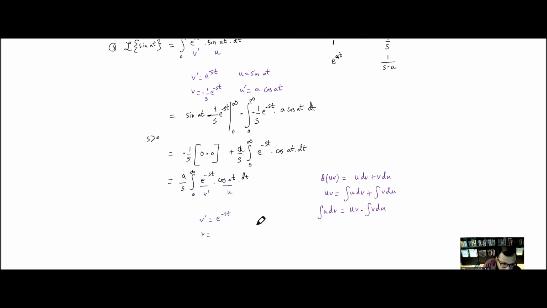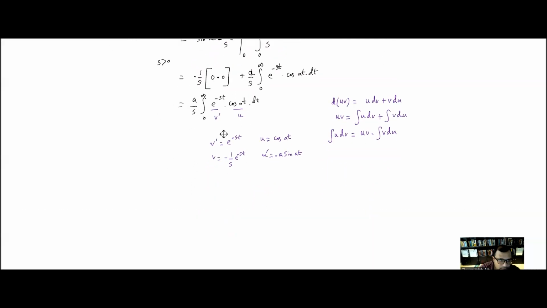So we take an integral, so minus 1 by s e to the power minus st. And u is cos of at, so u prime will be minus a sine at. Okay, so now let's use this to solve the integral.